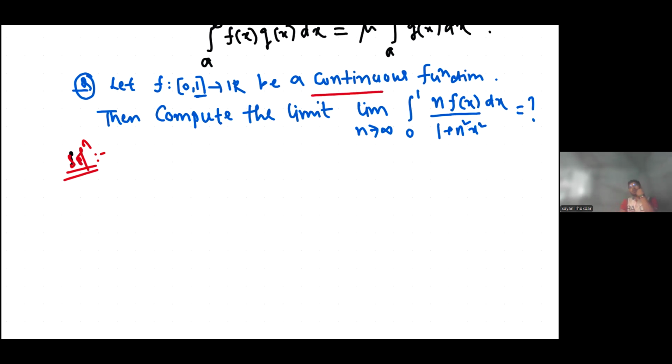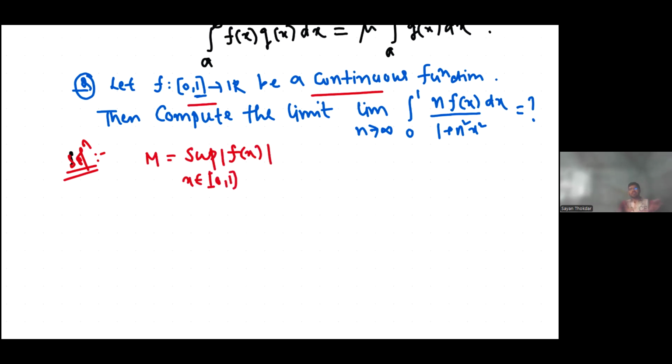Since the continuous image of a compact set is compact, its image is bounded, so the supremum of that function exists. Let M be the supremum of modulus of f of x where x belongs to the closed interval 0, 1.